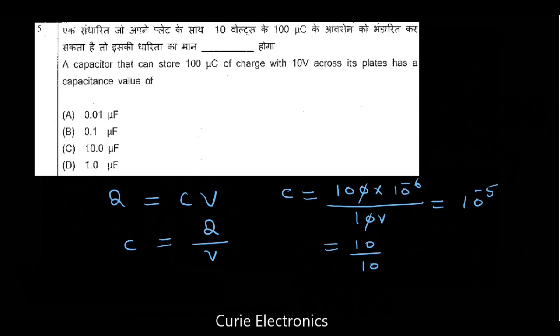Then 10 multiplied by 10 to the power minus 5 gives 10 to the power minus 6 when we take it to the numerator. So the answer is 10 microfarad. 10 microfarad is the right answer.